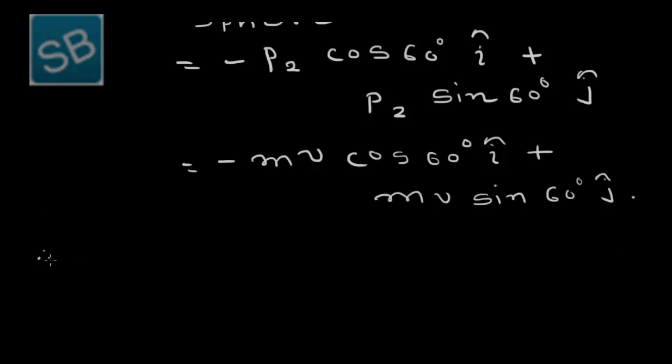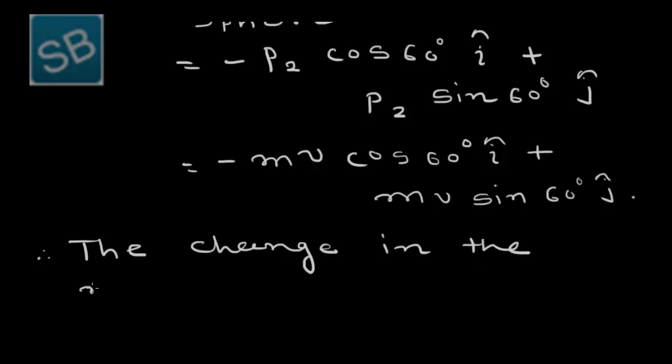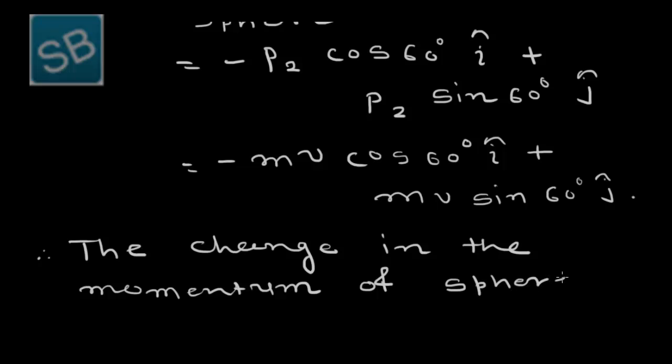Therefore, the change in the momentum of the sphere is given by delta P equals P2 minus P1.